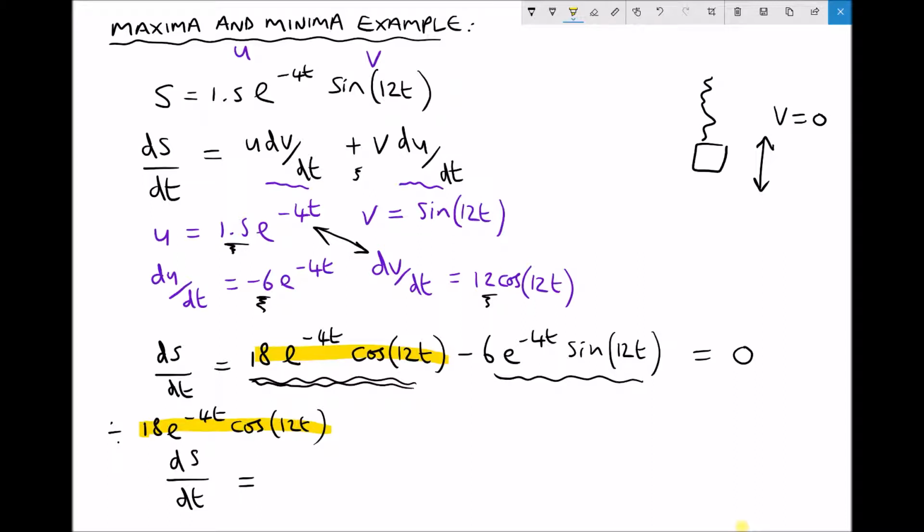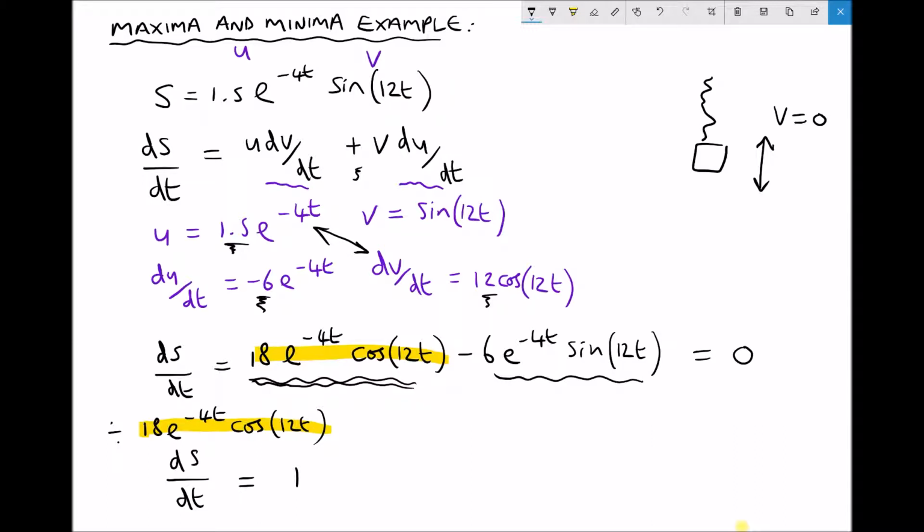Anything divided by itself always equals 1. It could be 4x squared divided by 4x squared. It could be 18e to the minus 4t over 18e to the minus 4t. It could be cos 12t over cos 12t. It doesn't actually make any difference. But dividing something by itself leaves us with 1.